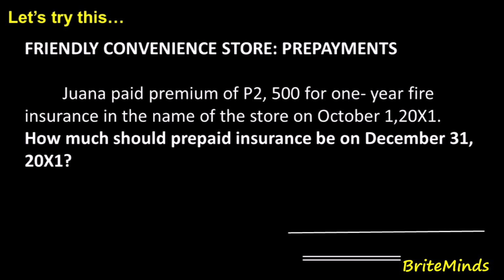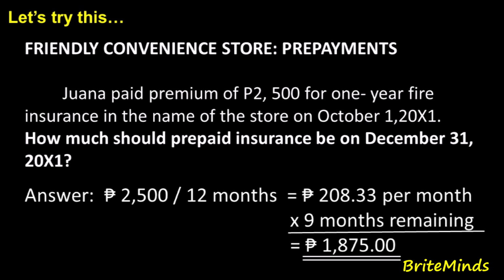So from October 1st to December 31st, it means already 3 months had been used up in the insurance. So it means that 3 months already became an expense on the side of Juana.